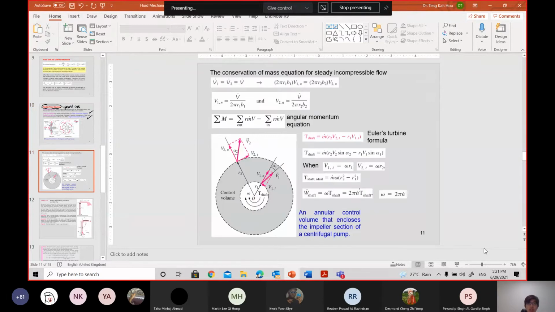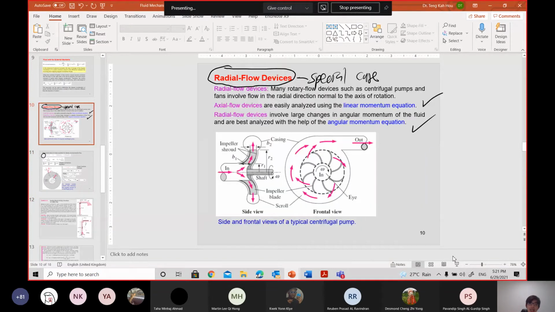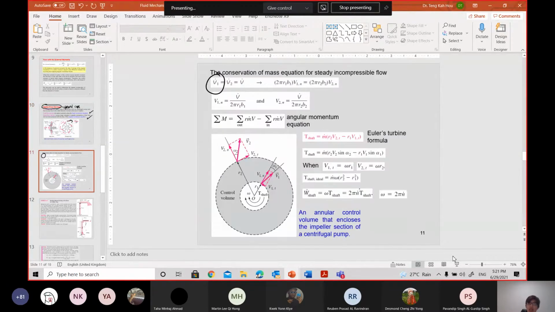Because they are in the same system, you have conservation of mass. When you know there's conservation of mass, you know that all the volume flow rates inside the system, whether from the angular part or going to the linear part, remain the same. That's why V1 volume flow rate equals V2 volume flow rate and equals the overall volume flow rate.